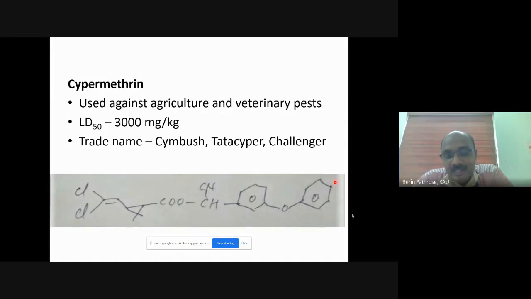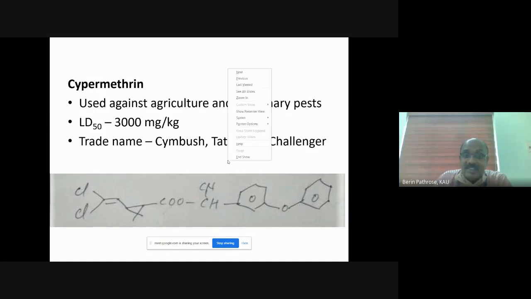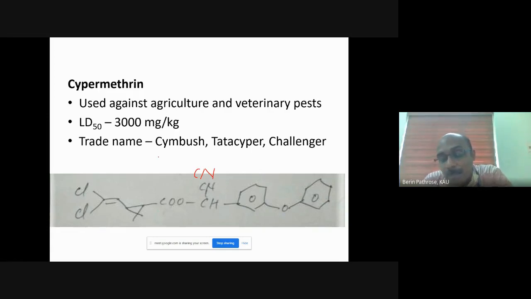The cypermethrin structure is similar to permethrin. We have two chlorine atoms, again little change to the acid part, but in the alcohol part, we have phenoxyphenyl group. Alcohol part is completely changed. And see it over here. This is CN. If you couldn't get it, this is CN, cyano group, and this is why cypermethrin is grouped as type 2 pyrethroid.